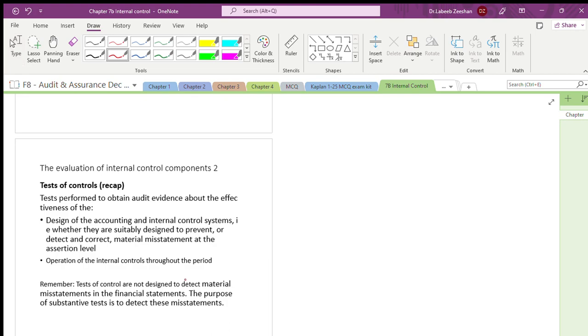Just make it a point, repeatedly from now: you will have the controls and you are testing whether the controls are effective or not.